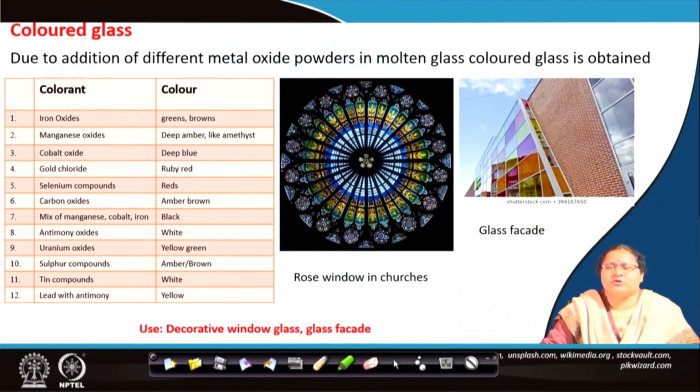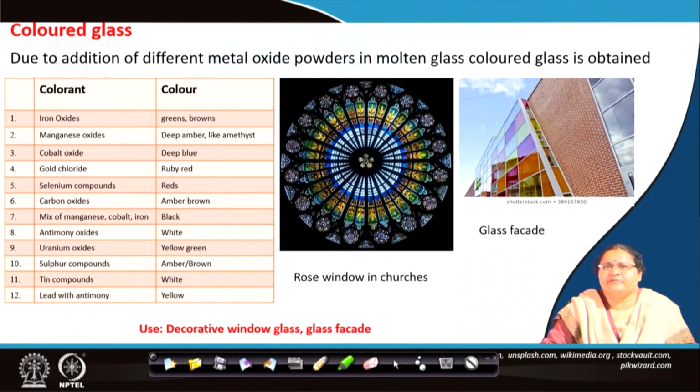As I told you, green is always there, naturally occurring in the sand, and it gives that greenish tint. Magnesium oxide gives deep yellow color like amethyst. Cobalt gives deep blue, gold chloride gives ruby red, selenium compounds give reds, carbon oxides give amber brown, and you can go through the list.